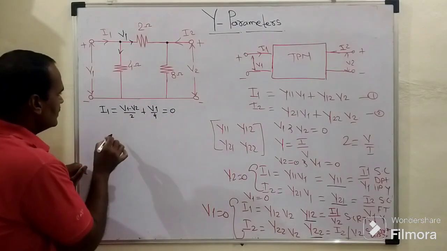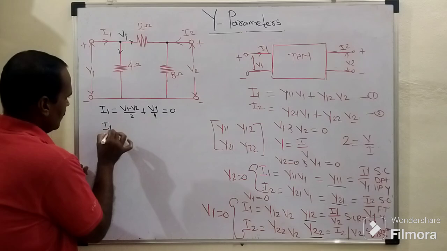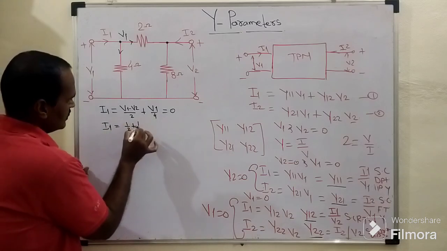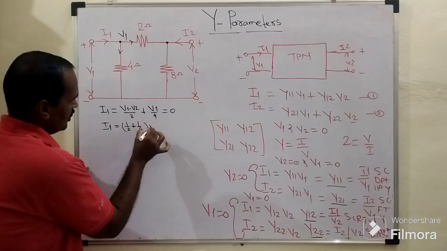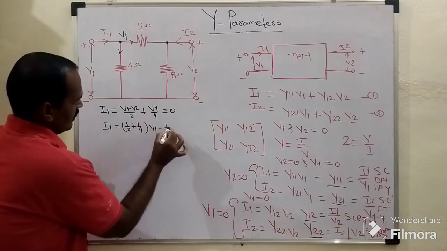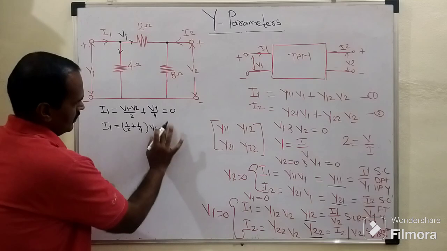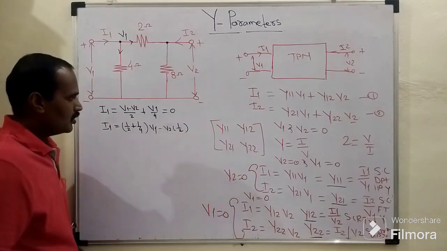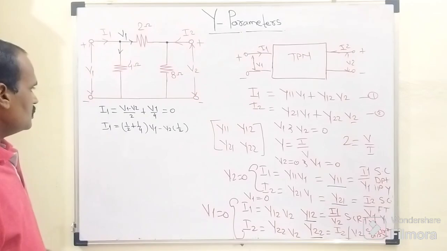When we rearrange this equation, I1 equals (1 half plus 1 by 4) times V1, minus V2 times 1 half. There are two terms belonging to V1, and only one term belonging to V2.